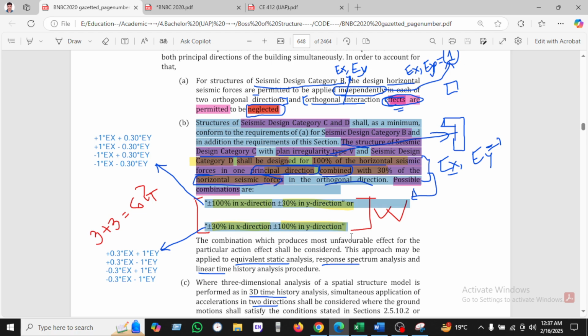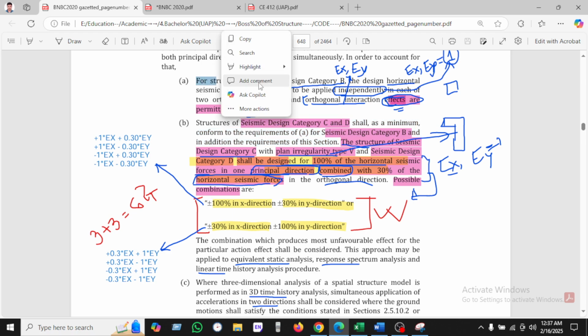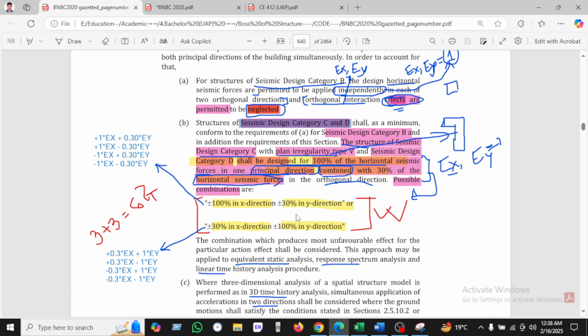The structure is seismic design category C and D shall be designed, with the minimum configuration requirement for seismic design category B and the additional requirement of the section. When we calculate seismic design category B, we will not take this 100% or 30%. When we calculate seismic design category C and D, then we will consider 100% and 30%.